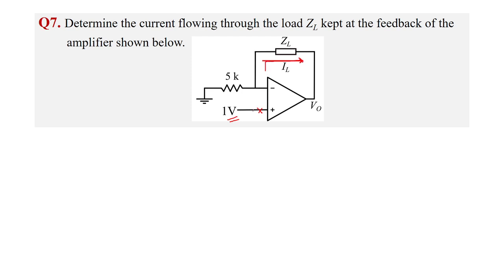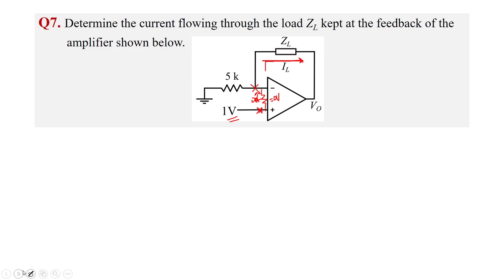That is the question. Since it's not mentioned anywhere that the op-amp is non-ideal, this is ideal. If it is ideal, what is the input resistance here? The resistance here is infinity. So there is no current, 0 ampere, which means whatever voltage is here, the same voltage will be at this node.